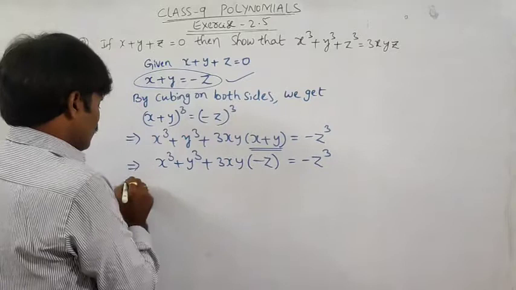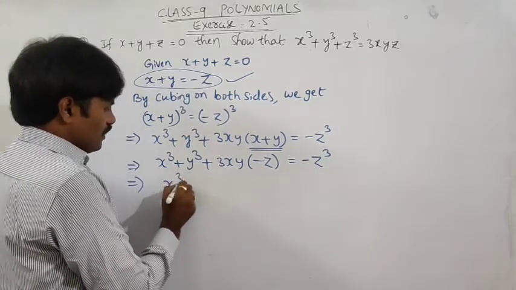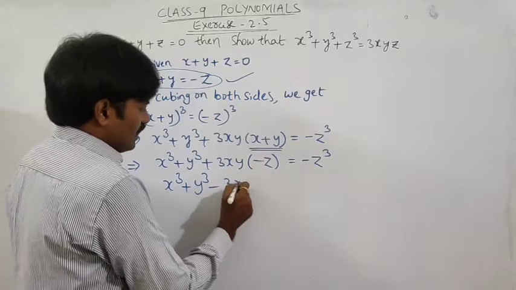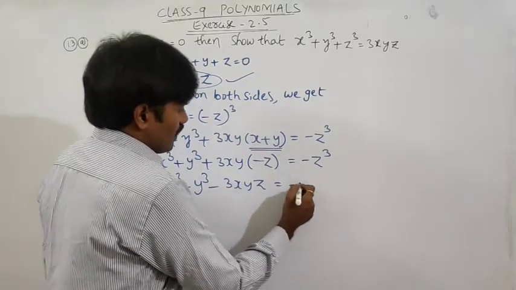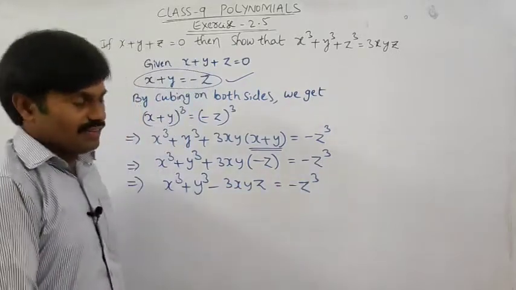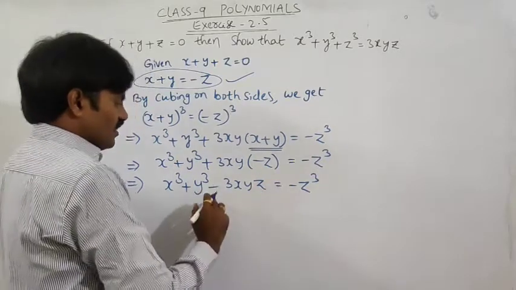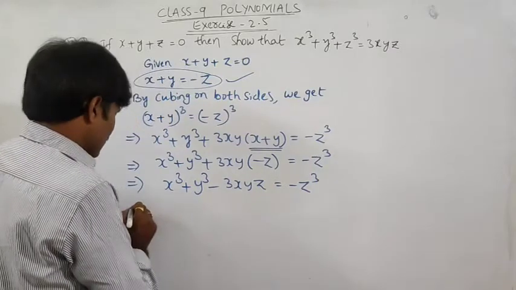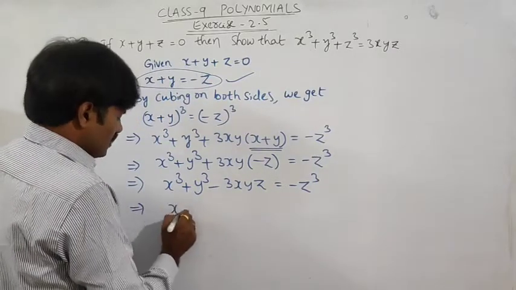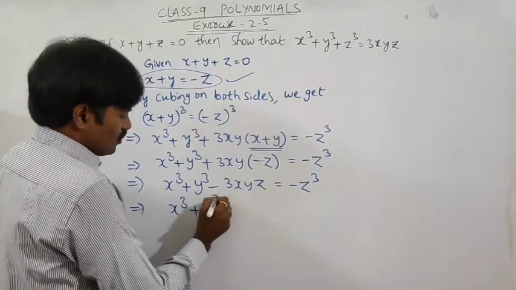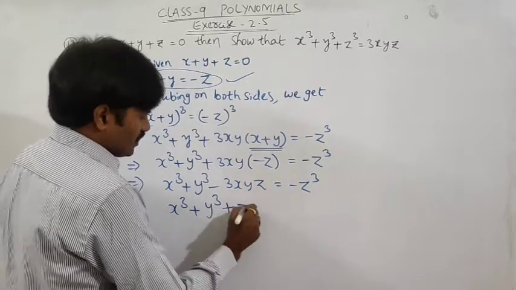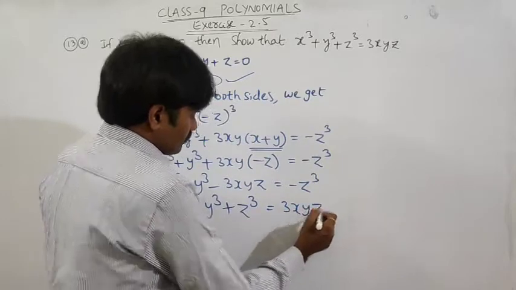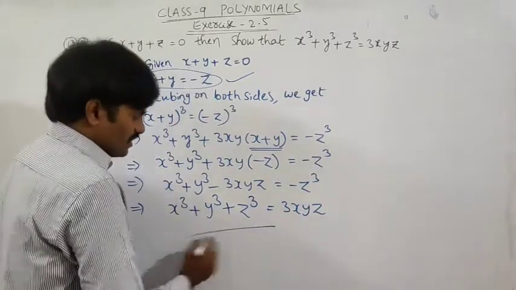Now if we simplify, we get x cube plus y cube minus 3xyz is equal to minus z cube. Now shift minus z cube to the left hand side and minus 3xyz to the right hand side. Then it becomes x cube plus y cube plus z cube is equal to 3xyz.